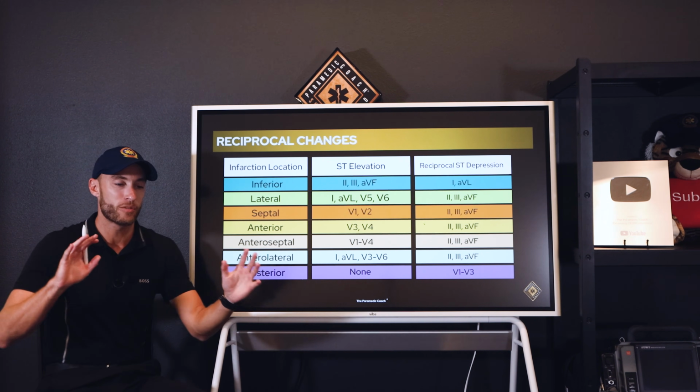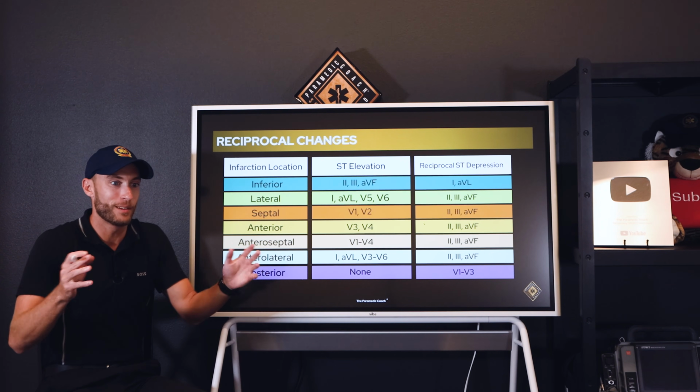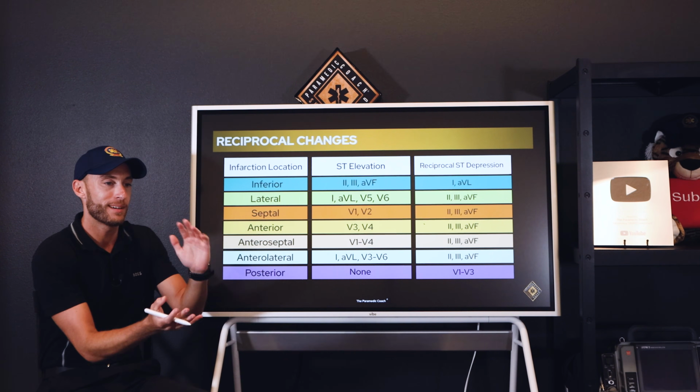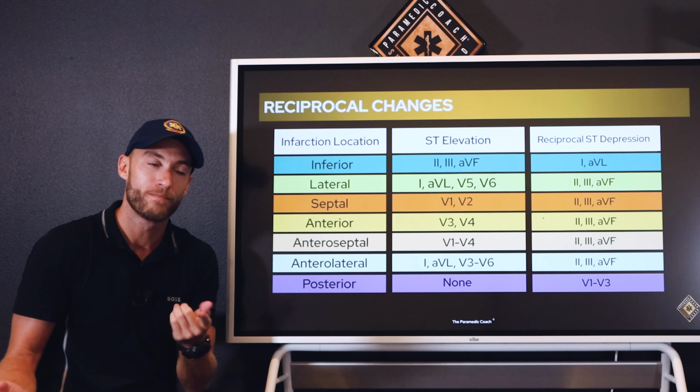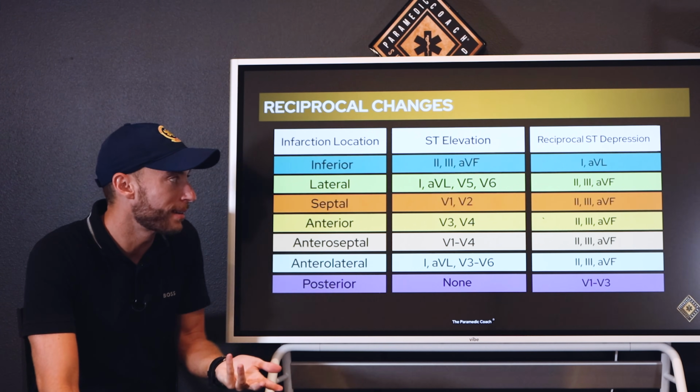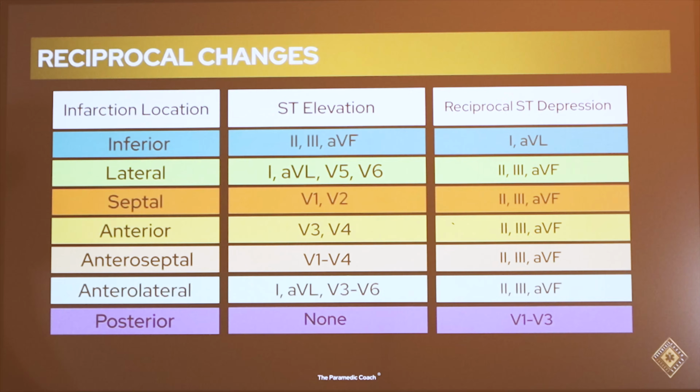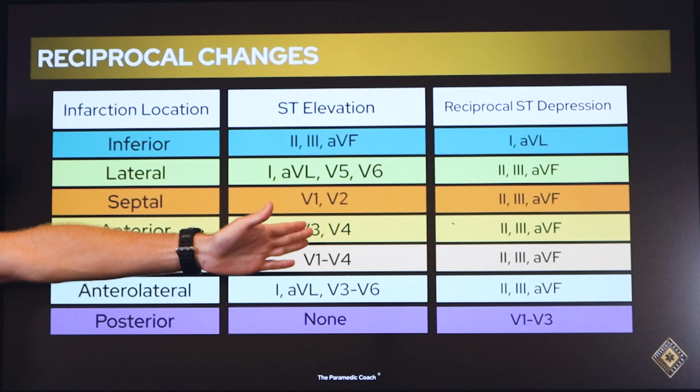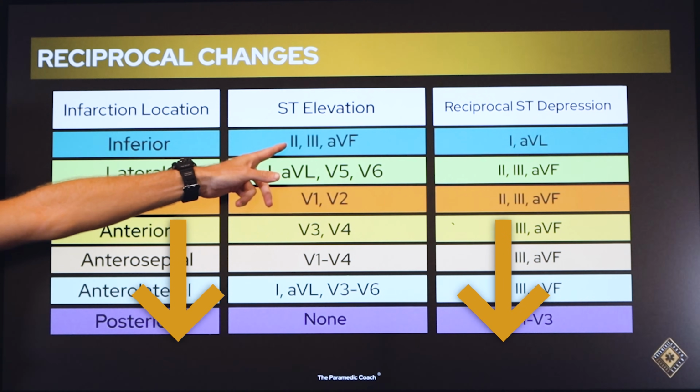So it makes sense from a logistic perspective: they're opposite because they're on opposite sides of the heart. Pretty cool? I hope that's the way you can remember it, because that's how I remember it. It makes sense. So basically, everything is opposite the inferior wall besides itself.